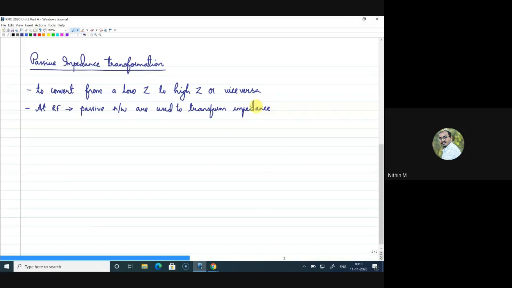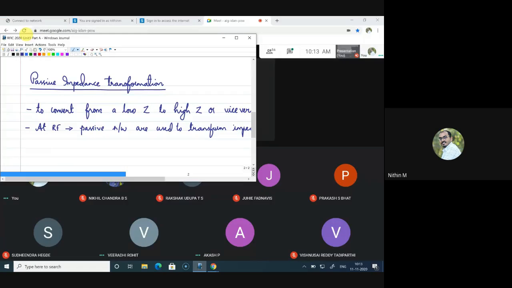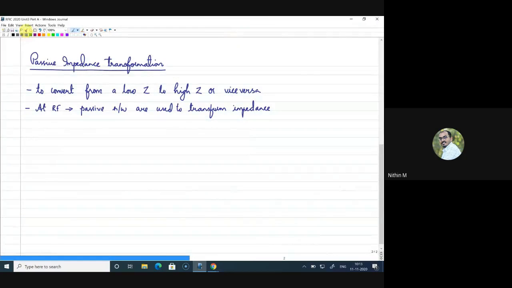Impedance transformation or impedance matching is required because we are looking for matching networks. If we introduce such sections to make the source impedance equal to load impedance, we can actually give maximum power transfer. So that is the basic idea here.